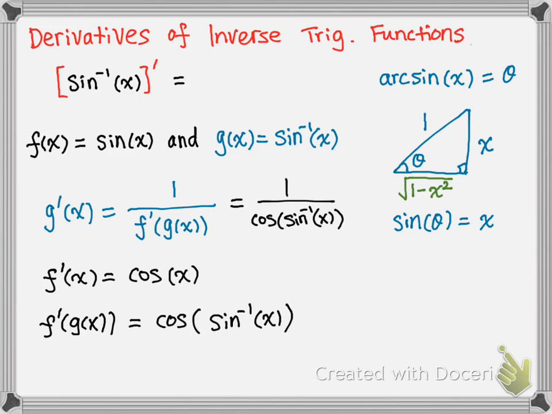So then we have to look at the relationship between sine of x and arc sine of x. Okay, so what is cosine of sine inverse of x? Like I said, the sine inverse of x is an angle. It's going to give you the angle back that will satisfy this relationship.